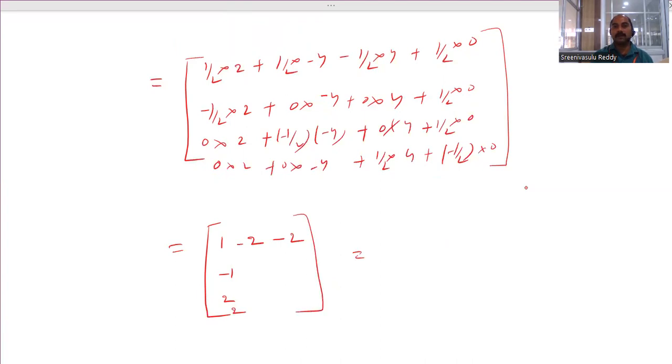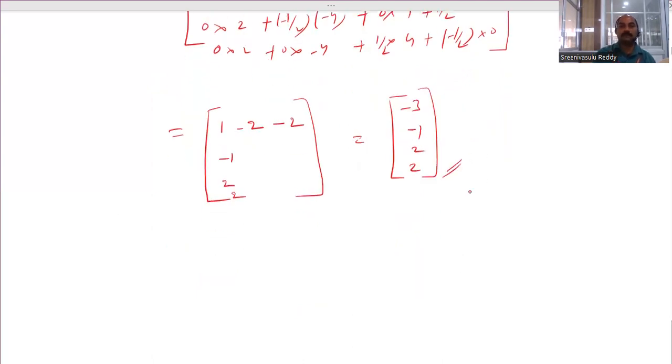That implies minus 4 plus 1 means 3. Minus 3, minus 1, 2, 2 is the solution. That is, the solution is by equating the matrices. The solution is x equal to minus 3, y equal to minus 1, z equal to x, y, z.